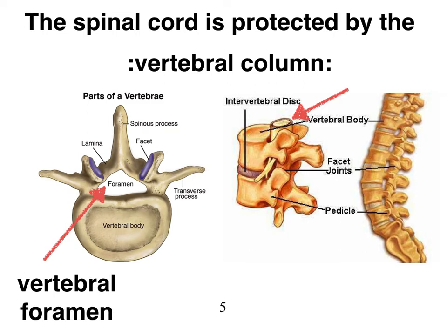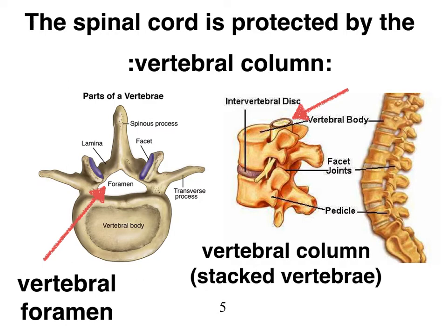This is the hole that allows for the vertebra to surround the spinal cord completely. When the different vertebrae are stacked on top of each other, they form the vertebral column, and through it is the long pathway that the spinal cord can sit inside of.